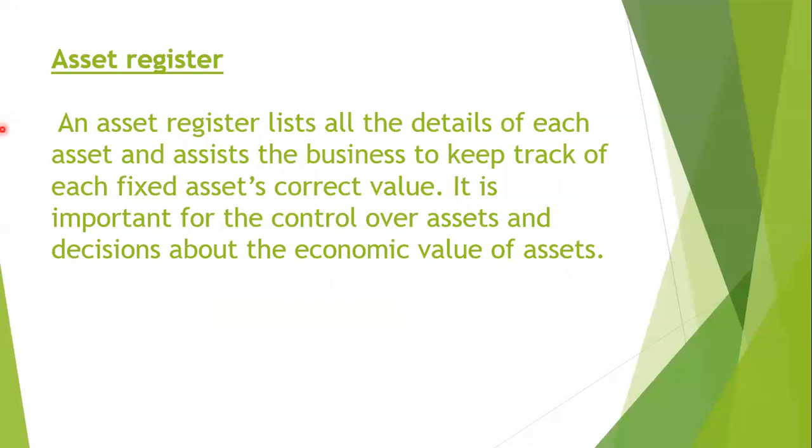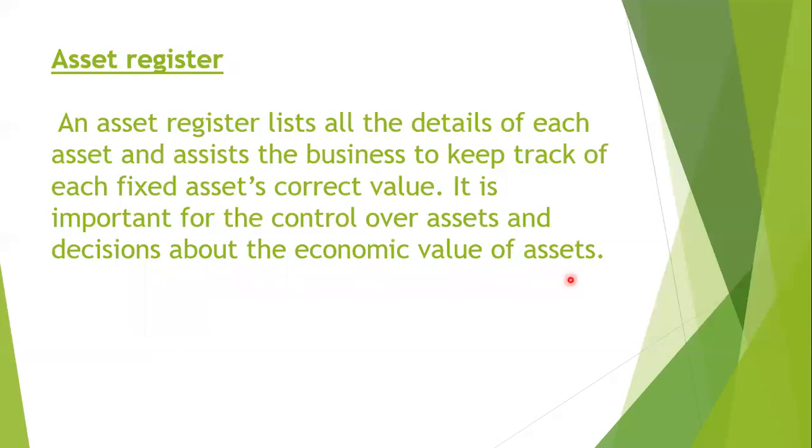Okay, an asset register. An asset register lists all the details of each asset and assists the business to keep track of each fixed asset's correct value. It is important for the control over assets and decisions about the economic value of assets.